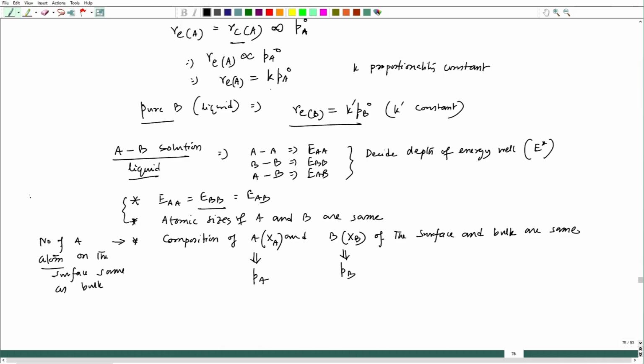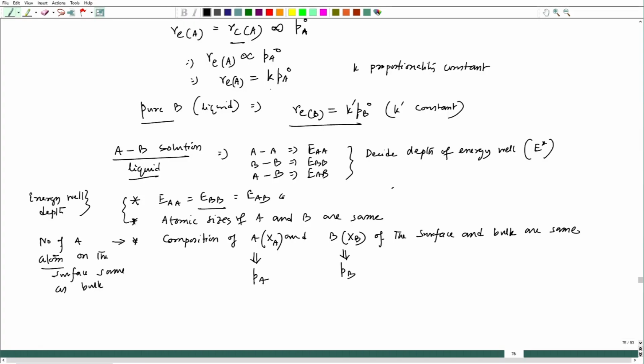These two would allow the energy well depth not to change because of the addition of A or B, irrespective of whether we are adding A into B or B into A. Because whatever you do, since those bonds are equal, whether A has fewer B neighbors or B has fewer A neighbors, since the bond energies are the same, the energy well height would remain the same. So, this would also lead to a condition that R_E A or R_E B in the solution would be intrinsic. That means it does not depend on the composition.